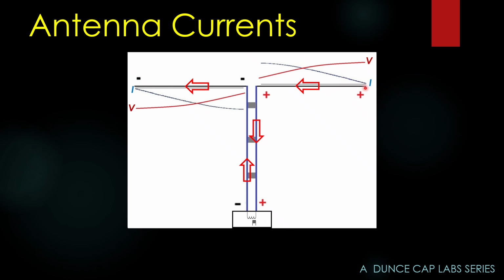You'll notice there's no current at the end, but there's a lot of current here. The idea here is if we reverse the polarity of the sine wave fast enough, we can get those charges to turn around before they realize they have nowhere to go. That's the best way I can explain it right now. I'll explain it better in a later video.